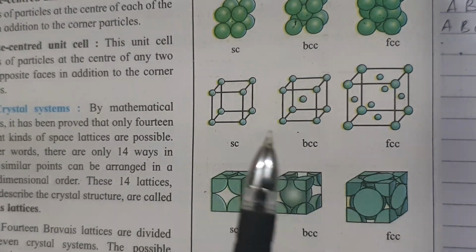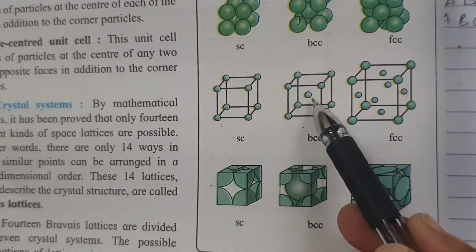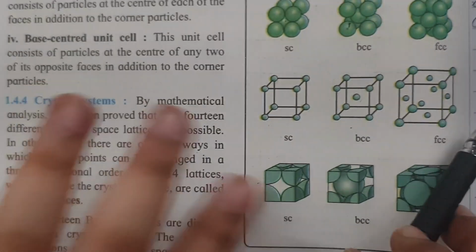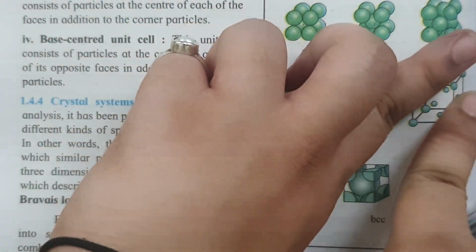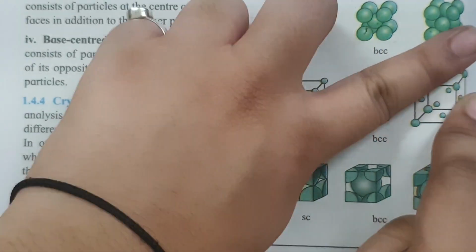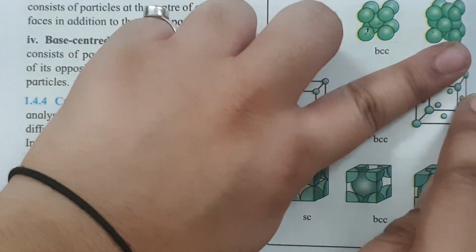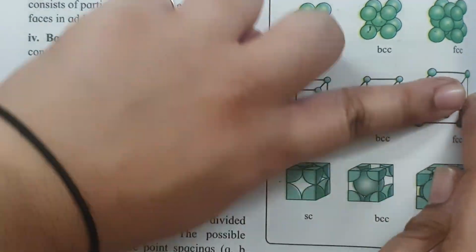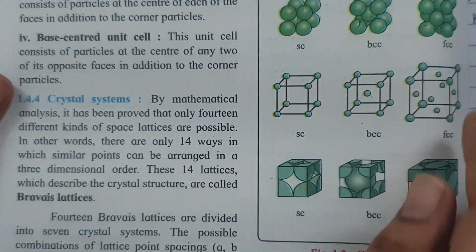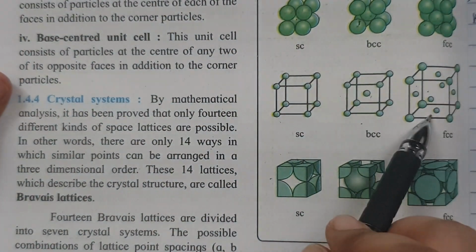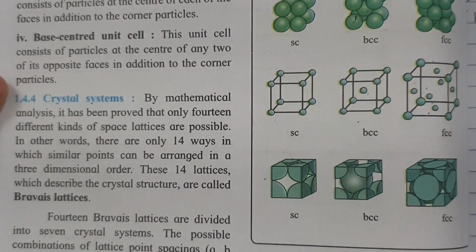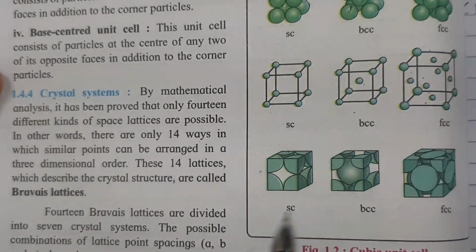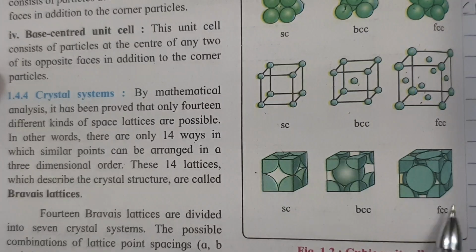If you consider this to be a body center, there is one in the middle, right? In base centered, these will not be there, correct? You can only consider any two faces. So if you hide these face centers, that is 1, 2, 3, 4, only these two are to be considered, right? That will be your base centered. Here's how it will be looking in a cube.